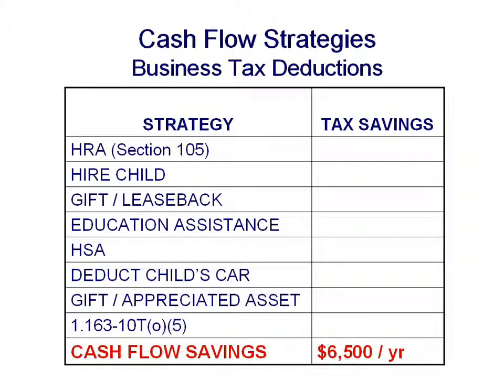I think Rick showed you quite evidently that you can reduce taxes and increase cash flow by $10,000 to $20,000. But for this example, let's say it's $6,500 a year, a small amount.